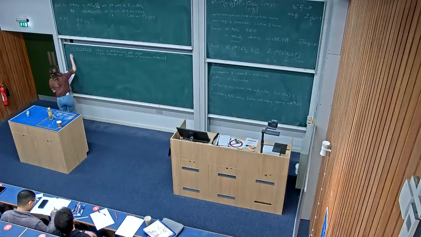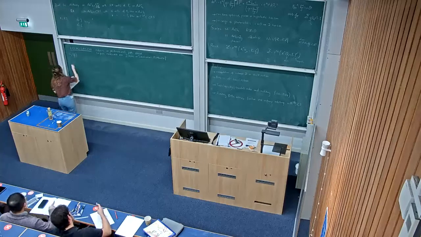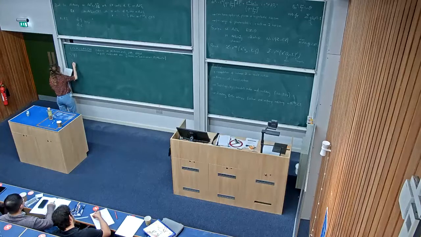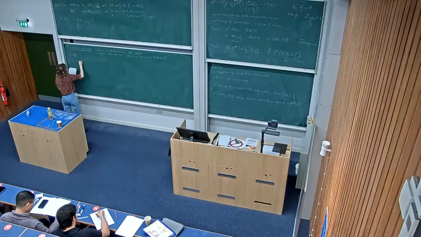So for this case, we consider an action with some set of fields collectively denoted by phi, and for this action we impose that it has a symmetry which is generated by a Grassmann odd operator.